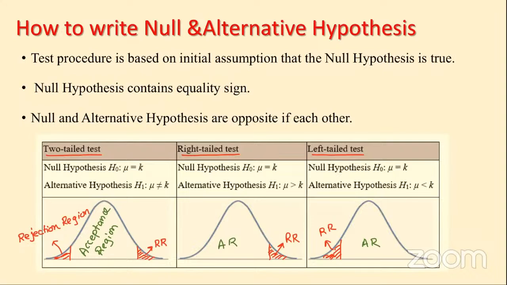In the second column, this is the right tail test because we have mean is greater than k, and greater numbers are on the right. That's why the rejection region is on the right tail. And the last one, in the third column, is the left tail test, because we have mean is less than k as the alternative hypothesis, and we know that lesser numbers are on the left. That's why the rejection region is on the left tail.